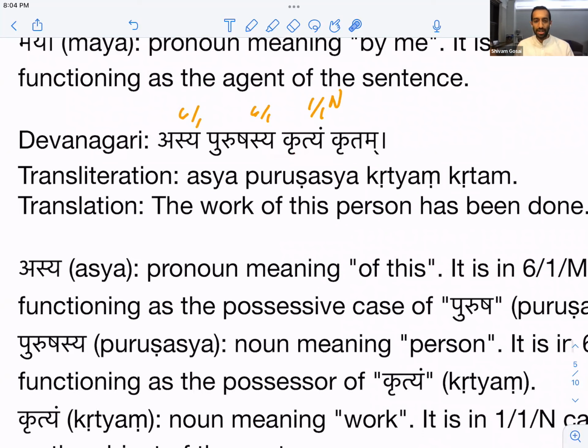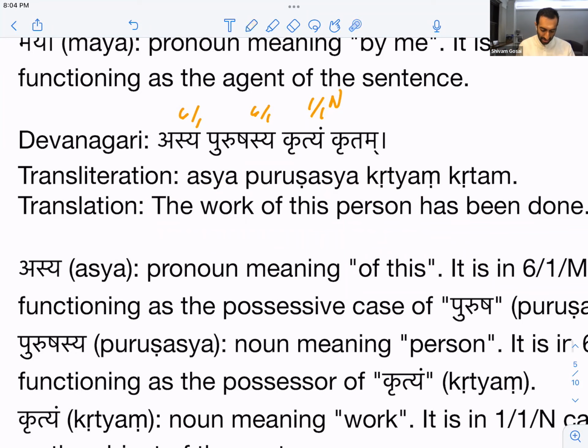So that which should be done can be referred to as a duty or a job, a work, if we were to simply translate it. Otherwise we can say the work of this person, the object which should be done of this person.